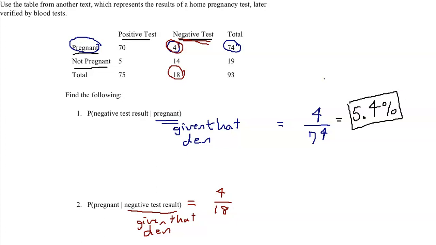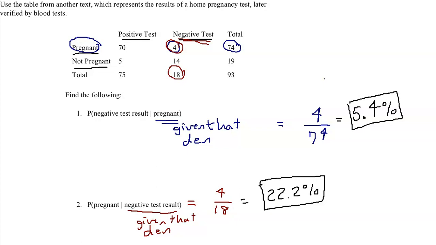But 4 out of 18, out of all those women who got negative test results, 22.2% of them said, whew, I'm not pregnant. What a relief. And then they got a blood test. And 1/5, between a fifth and a quarter of them, the result was, just kidding, yeah, you are pregnant.